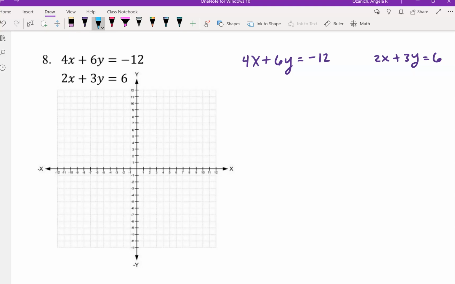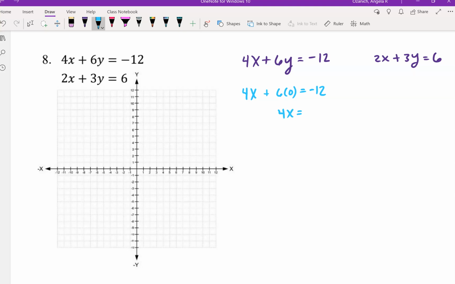So here we go. So I'm going to first make my y value equal to 0. And in doing that, basically what you're doing is you're just grabbing the x term and solving for x.